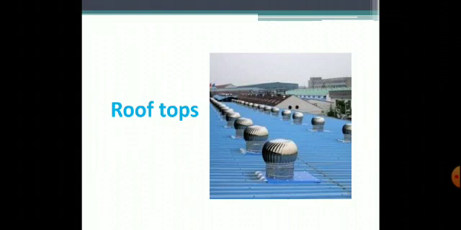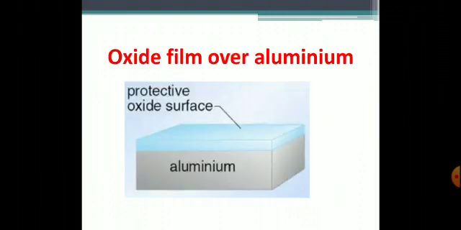Because aluminium is very reactive towards water vapor and oxygen present in the atmosphere. It forms a compound called aluminium oxide, Al2O3. Aluminium oxide is very stable. As a result, when we use aluminium, this aluminium oxide forms a layer over these substances.